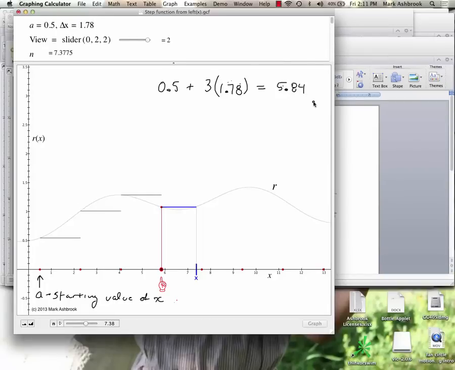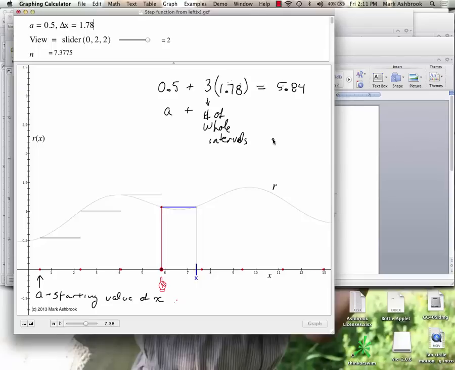So let's generalize that. What are we doing? We're saying this is A plus, what is 3? Number of whole intervals, right? Again, what are we doing? We're building a formula so that we can tell technology to do all this hard work for us of building this step function and finding accumulation.